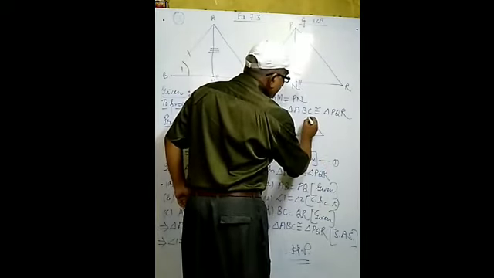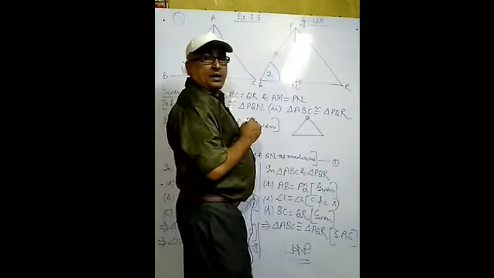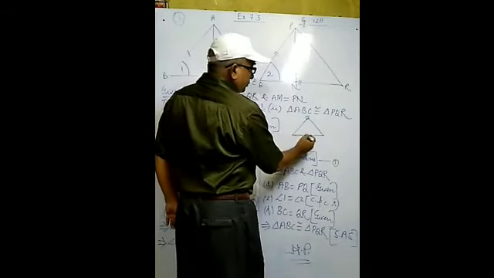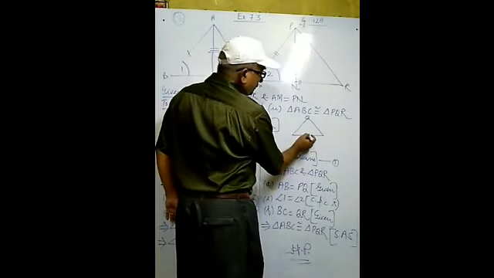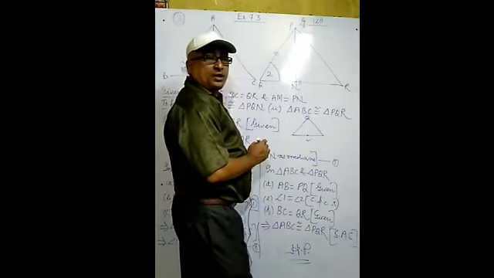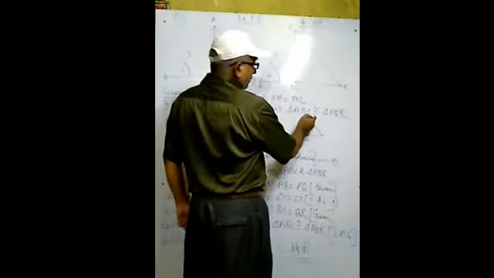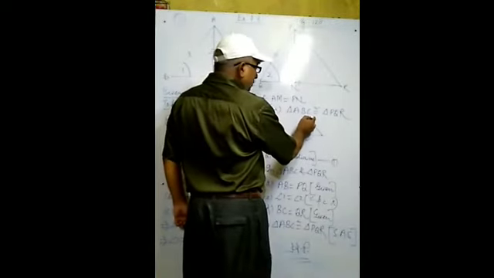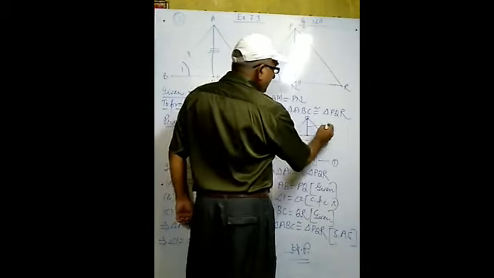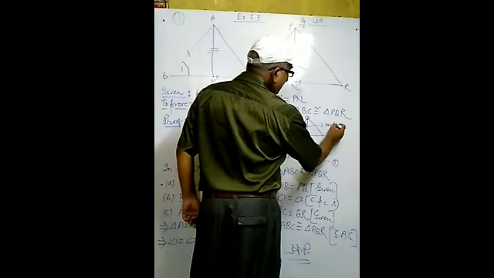This vertex is taken and the opposite side, so this side is opposite to this vertex. So if we take the midpoint of the opposite side and join the vertex from here to there, this segment is known as a median.